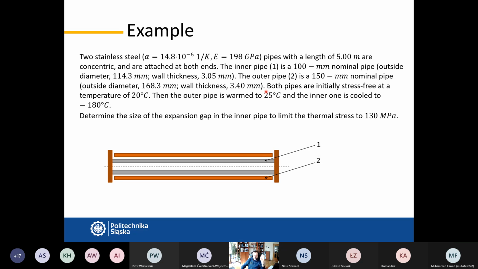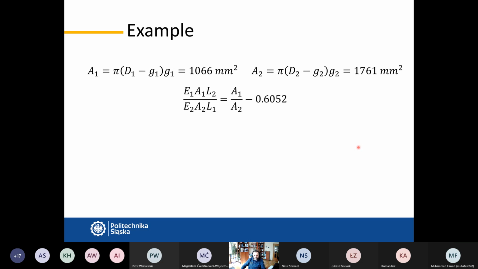The external is only 5 degrees warmer, so there is almost no change. But there is a huge change in the length of the internal pipe, so shrinkage of the internal pipe will produce compressive force on the external pipe. So they will come into contact and they will exert forces on each other. We have to determine what should be the magnitude of the gap to reduce the stresses to the allowable limit.